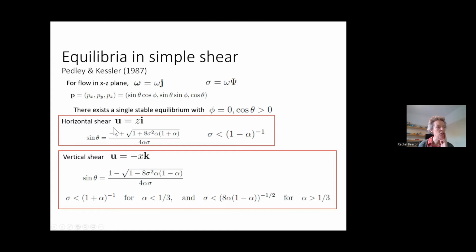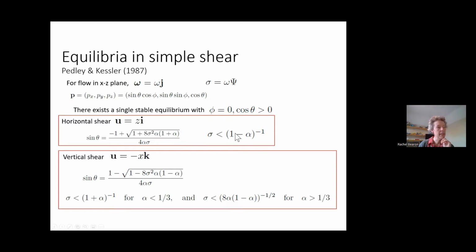Then in horizontal shear, there exists a unique stable equilibrium. So this is pointing upwards, the swim is going upwards, and we compute exactly what the angle with the vertical, theta, is. So there's an exact single stable equilibrium, and this can be calculated and is known as a function of alpha, the elongation rate.